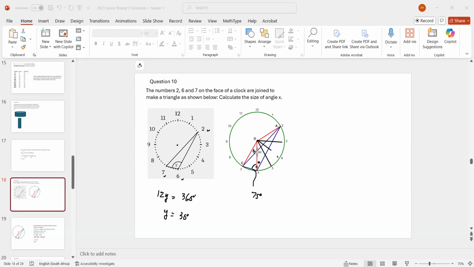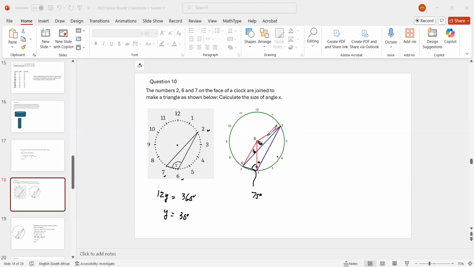Now we saw that each of these is 30 degrees. So this is 30, 30, 30, 30. There are four 30s here, which make up the angle between these two red lines. So the angle between these two red lines is four 30s, because there are 1, 2, 3, 4. So this is 120 degrees.